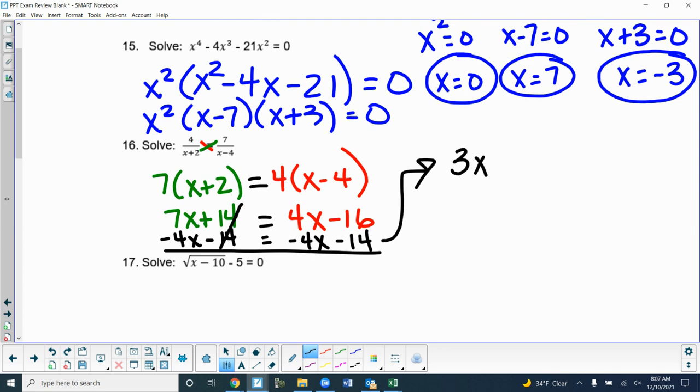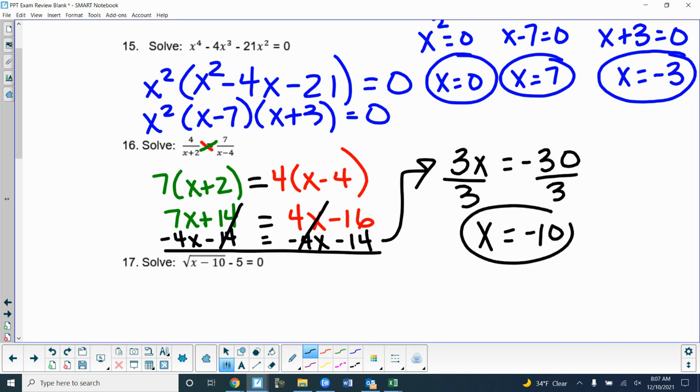And those cancel. And those cancel. Negative 16 and a negative 14 is a negative 30. And we get negative 10.